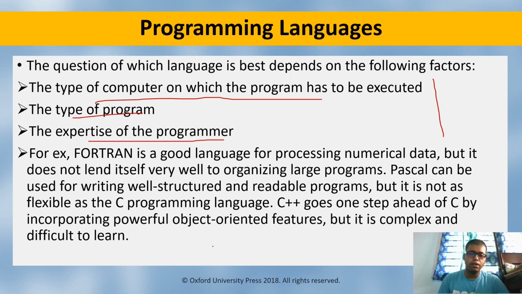One problem can be solved in multiple programming languages. In that case, we must consider which one is efficient, which one is less time consuming, which one uses less memory, and which is advantageous for that particular program. That has to be measured as well.